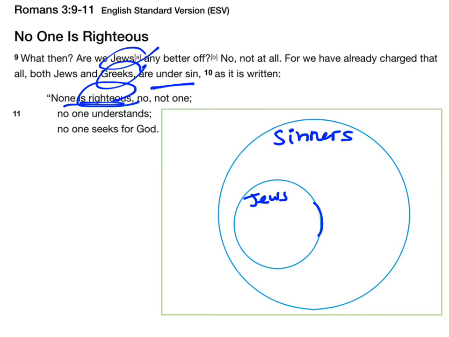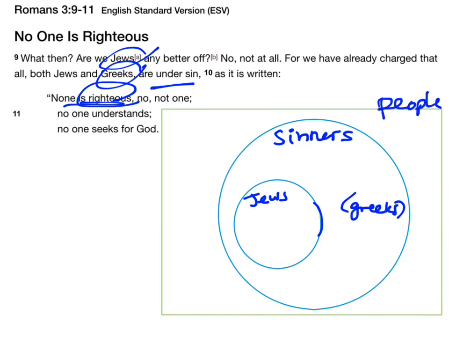And we could just simply have a circle for Jews. Okay, so then in here the X would represent Jews who are sinners. Out here would be non-Jews who are sinners, or we could say Greeks who are sinners, and then people would be out here.